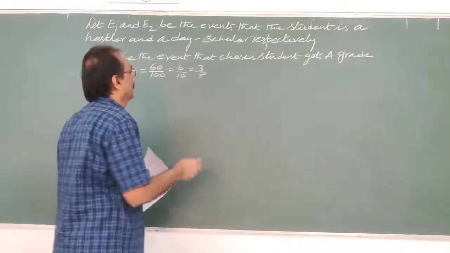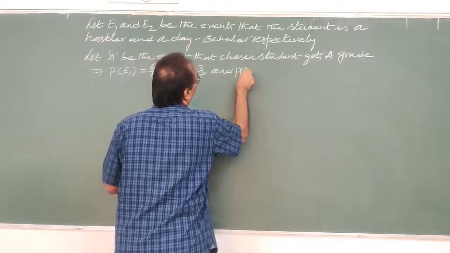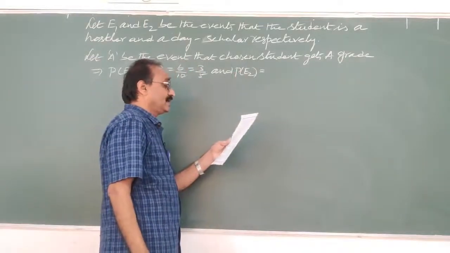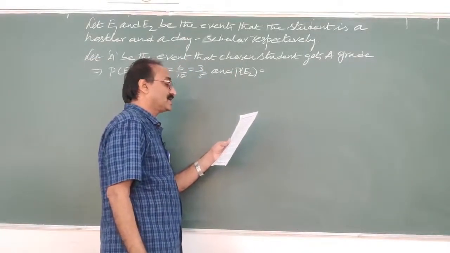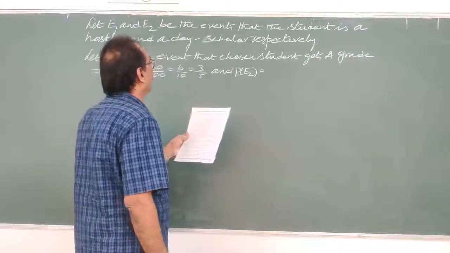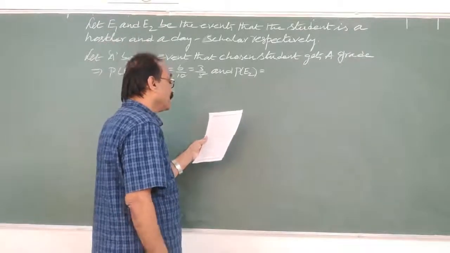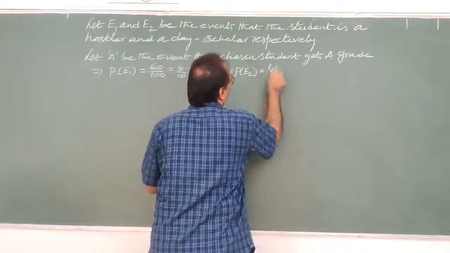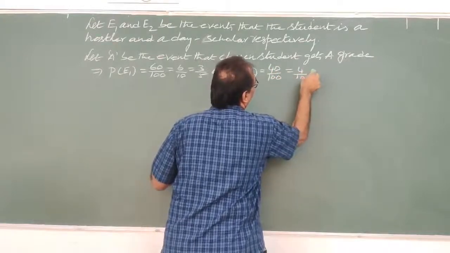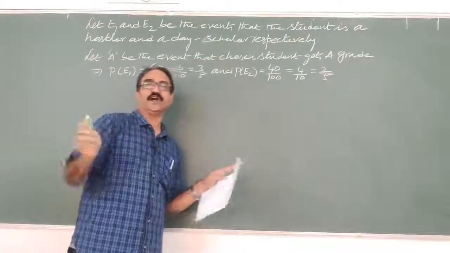And P of E2, the day scholars: 40% are day scholars. 40 by 100 means 4 by 10, which is 2 by 5. So from the given statement, we got the probabilities of E1 and E2.